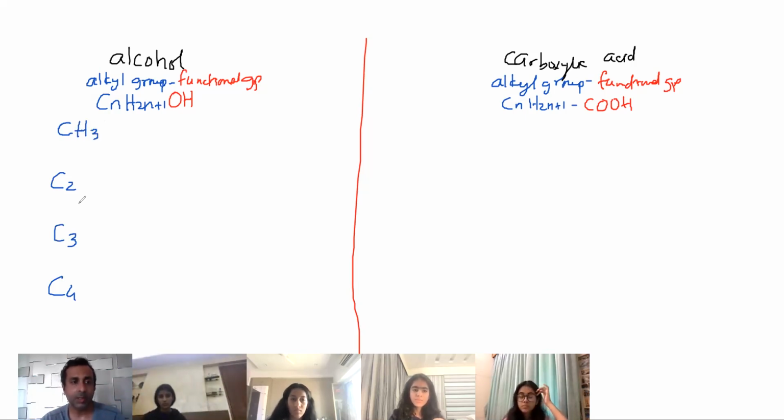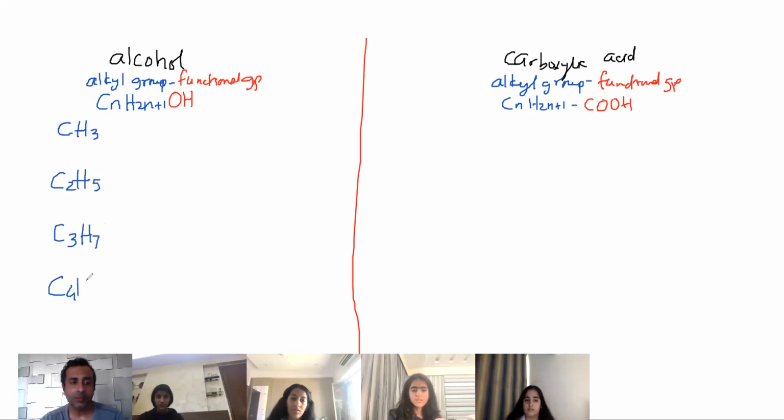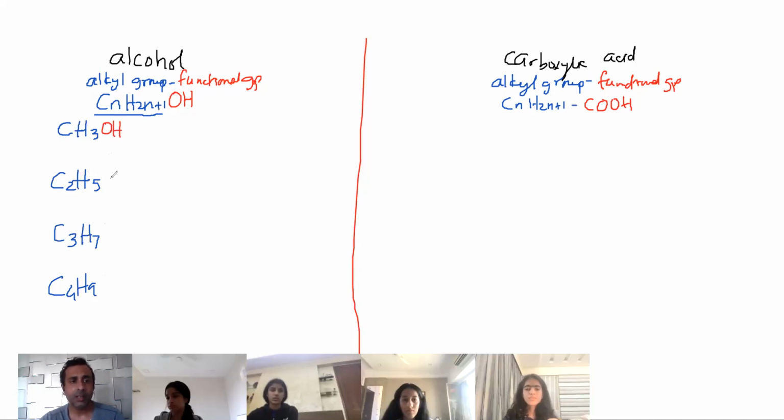So CH3, C2H5, C3H7, C4H9. That's what I have written. In all these alcohols this is the alkyl group. Now what is remaining is the functional group OH. I just have to add the functional group everywhere, and that gives me the formula of alcohols with 1, 2, 3, and 4 carbons: CH3OH, C2H5OH, and so on.